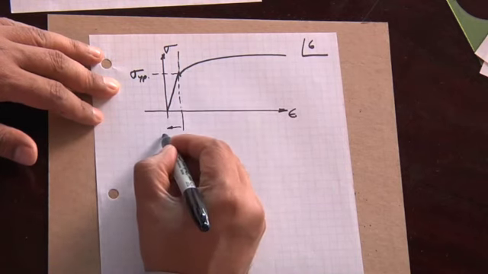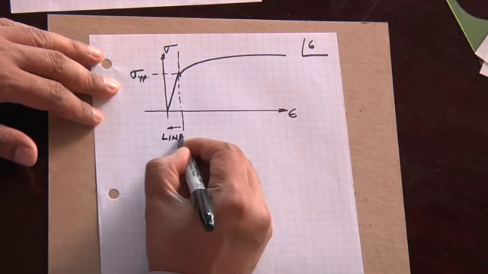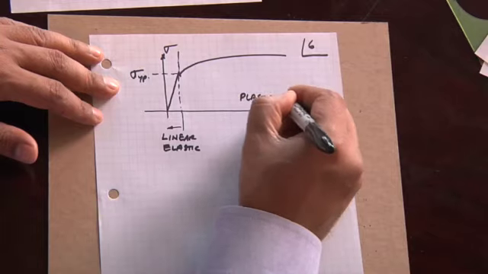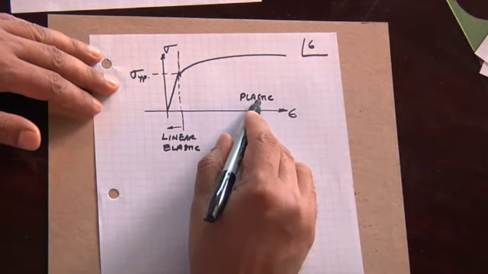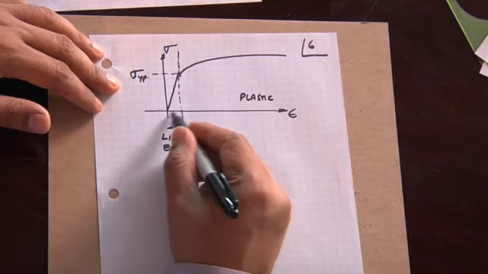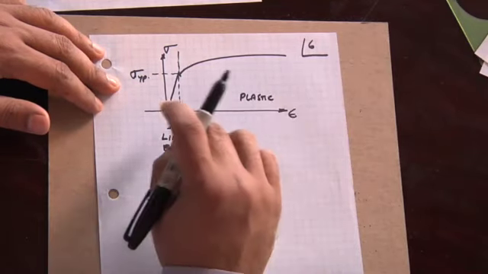We have the zone on the left, which is the linear elastic zone, and then we have the plastic zone. The plastic zone is where the material becomes deformed permanently. The linear elastic zone is the zone where the material will go back to its original condition.